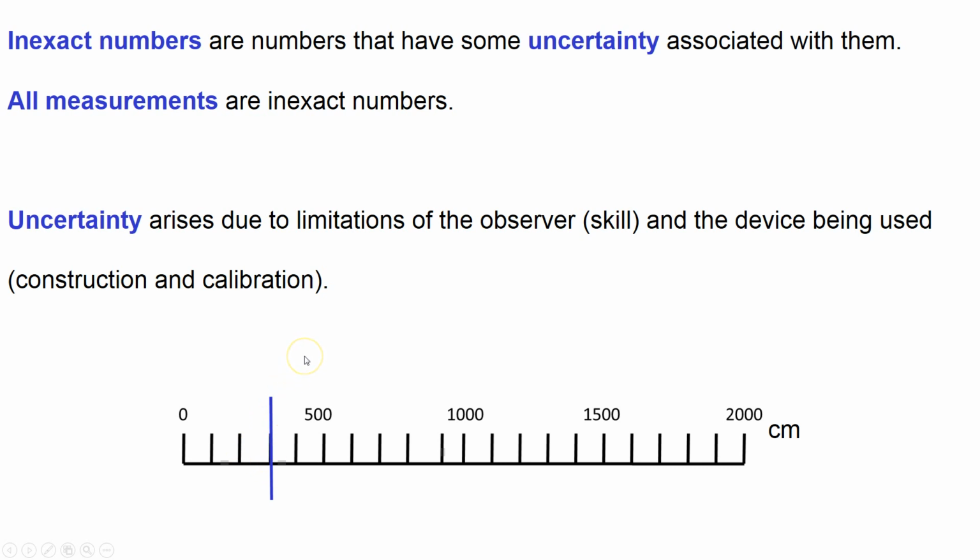Any measurement made with this ruler is going to have a little bit of uncertainty about it. This blue line falls around the 300 centimeter mark, but not exactly. There's some uncertainty about how well we know the value because of the quality of the measuring device we are using.